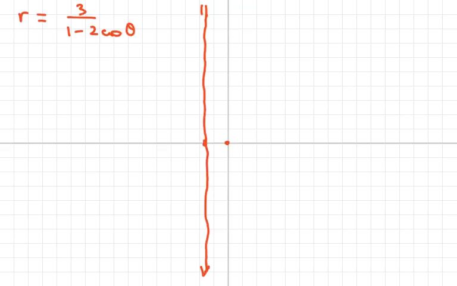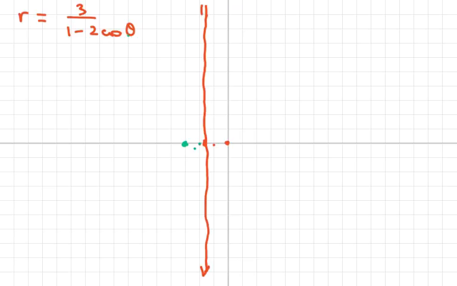That's going to end up being -3, 0. So basically we go over here from the pole. We have -3, 0. 1, 2, 3.